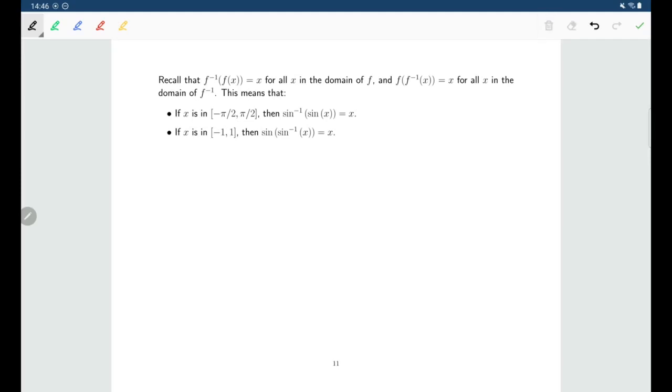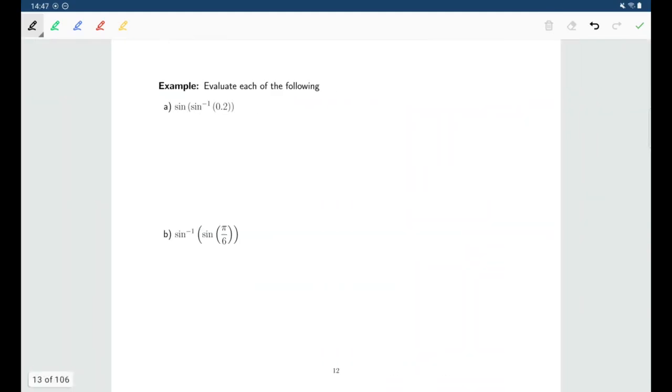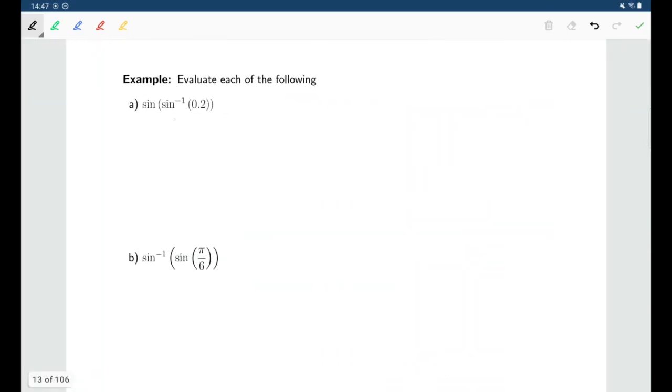So some of these problems are going to be fairly quick to do. For example, if we're looking at sine composed with sine inverse of 0.2, remember that the domain for sine inverse was all the values from negative 1 to 1, and 0.2 is definitely inside that interval. So sine composed with sine inverse, they will undo each other, and you'll be left with just 0.2.